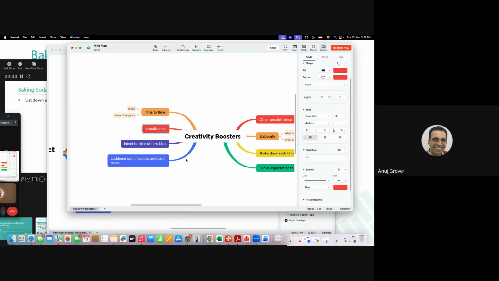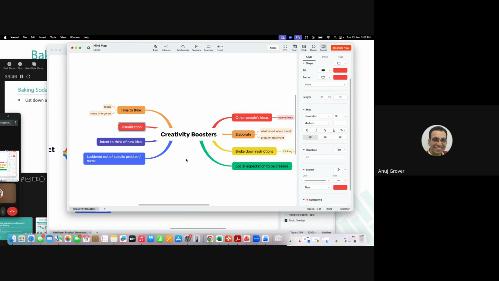So what we've done just now is, based on just this 5 minute exercise, we have started to discover what helps us to be creative. Are you able to see this? See, creativity is not something limited to one or two people.